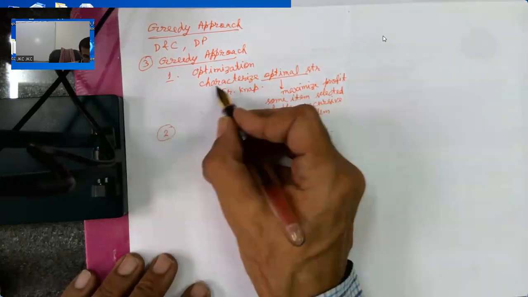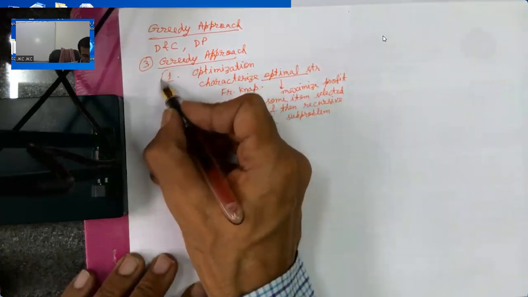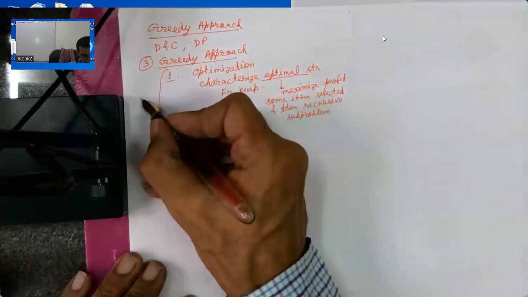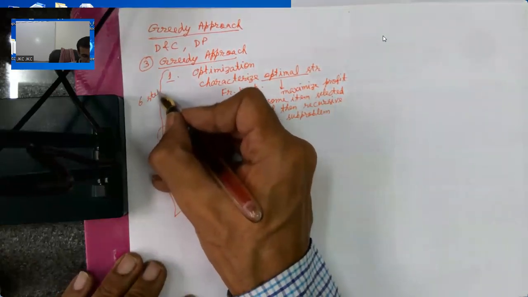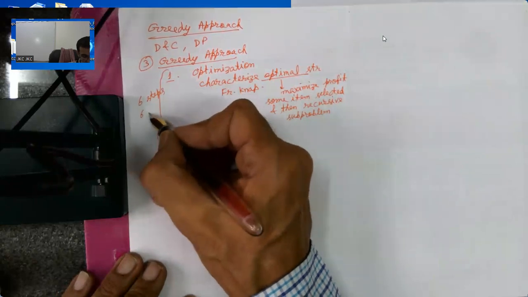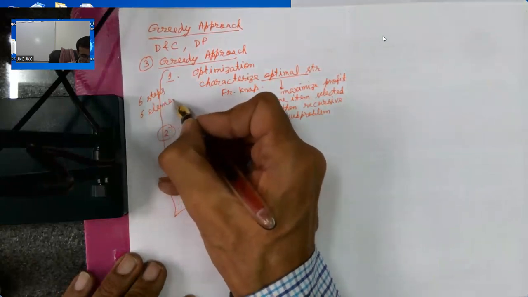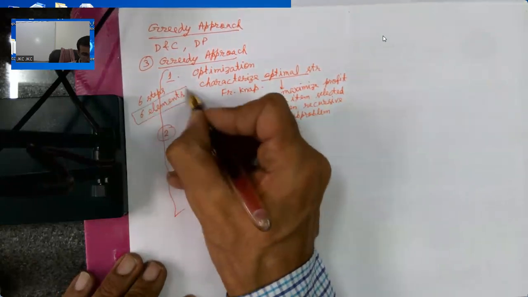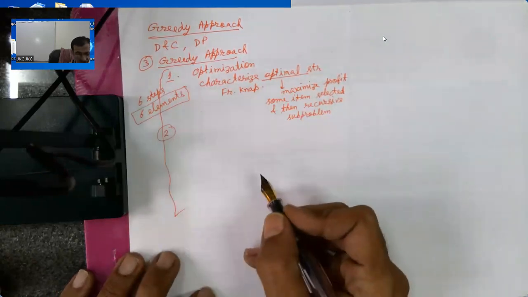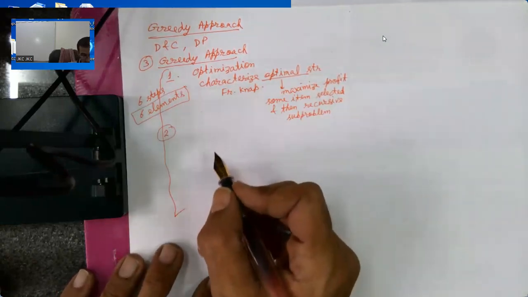The second step, I'll say. In fact, in the book there are 6 steps given, or 6 elements of a greedy approach are mentioned. I am going to take more or less that in a similar manner for the fractional knapsack.